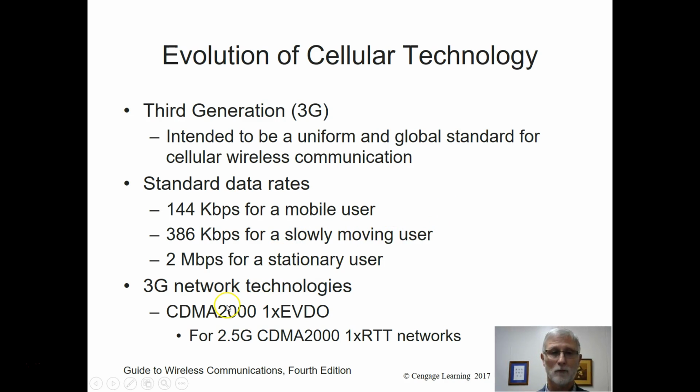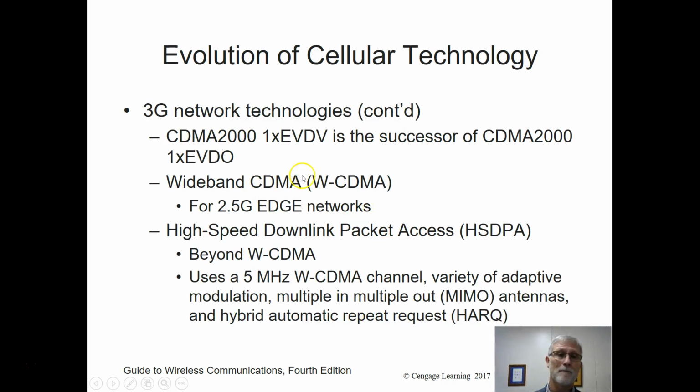So if you were coming from CDMA2000 1xRTT, you went to the 1xEV-DO network. If you were coming from the 2G EDGE networks, you went to wideband CDMA, and then most of it went to High-Speed Downlink Packet Access.